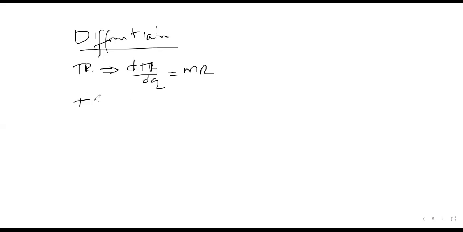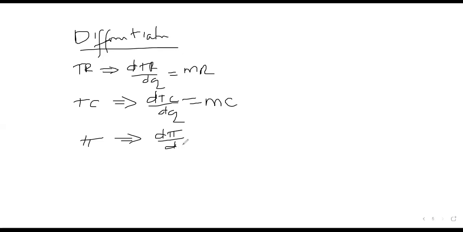TC, we're differentiating the TC over the Q, so the T just becomes an M. So this one becomes marginal cost. For profit, we're differentiating the profit over the Q. When you differentiate, it's called the marginal profit. So that's how the song rhymes.